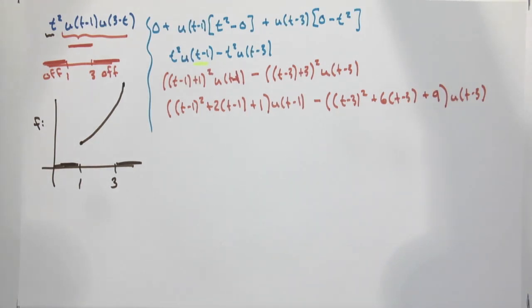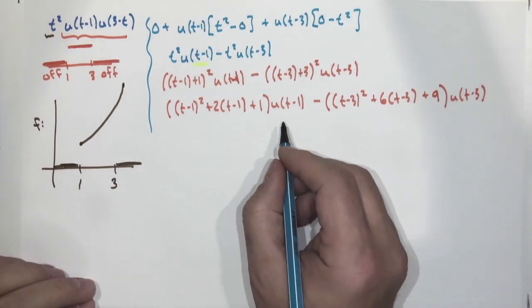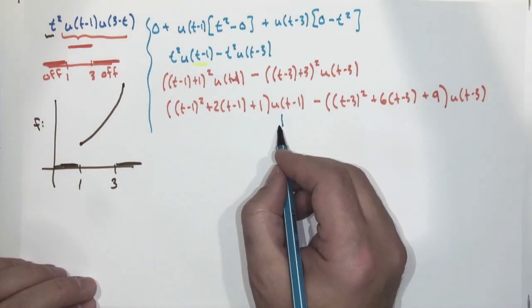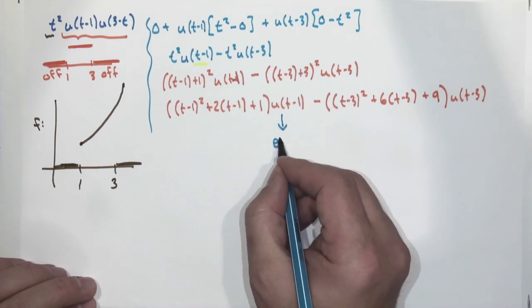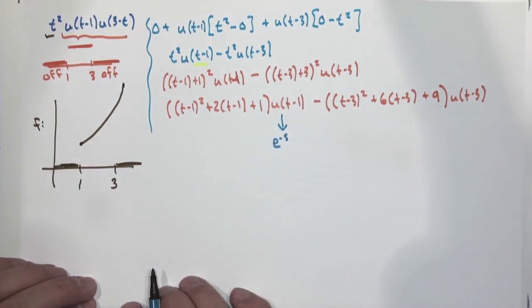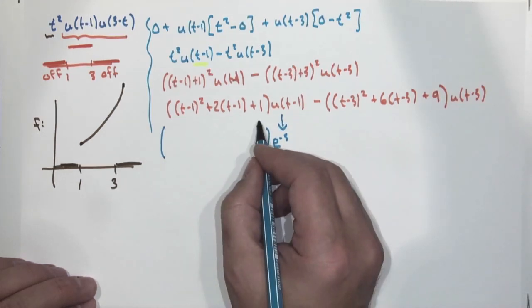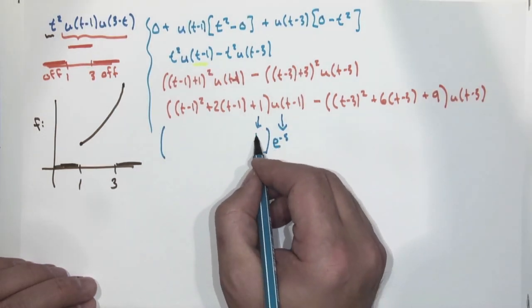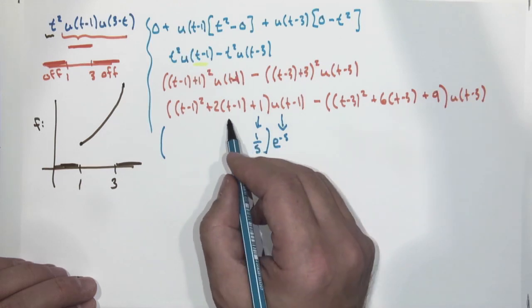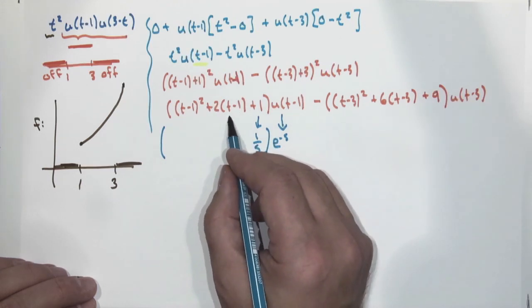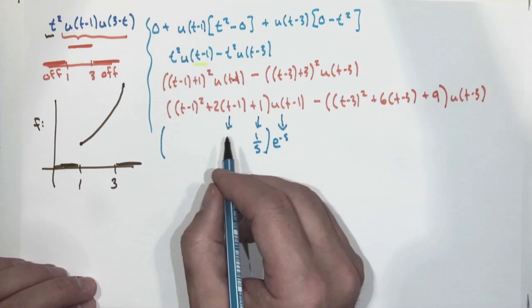Yes. Okay. So we see the u of t minus 1. We know that that's going to become e to the minus s. And now we just think of our individual pieces. 1 goes to 1 over s. This is our 2t that's been shifted.